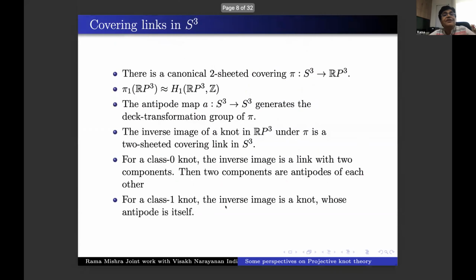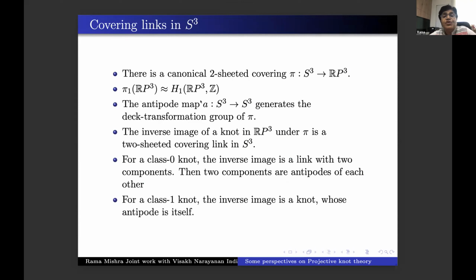Another way of seeing that is to look at the two-sheeted covering. From S3 to RP3, we all know there is a double cover: a point and its antipode both get identified. The first homology group of RP3 and pi1 are isomorphic because it's abelian.